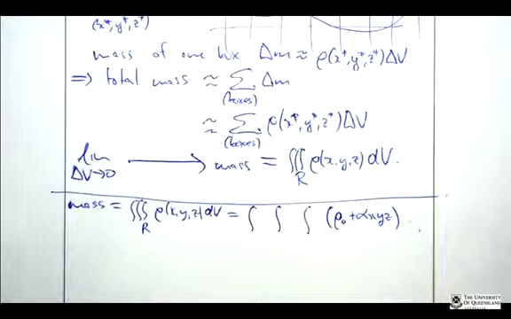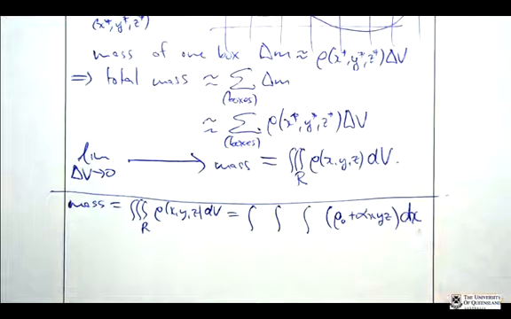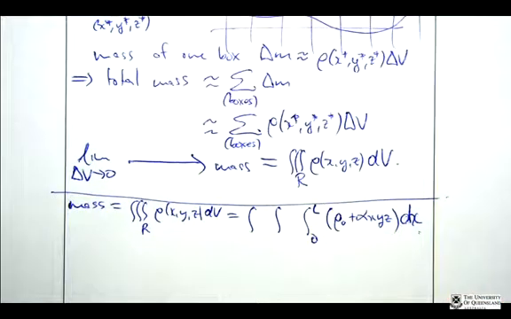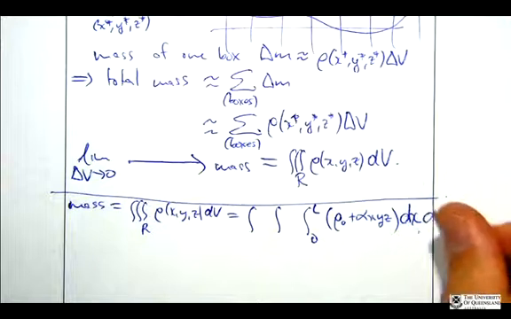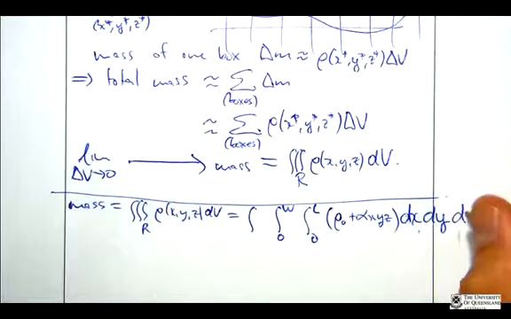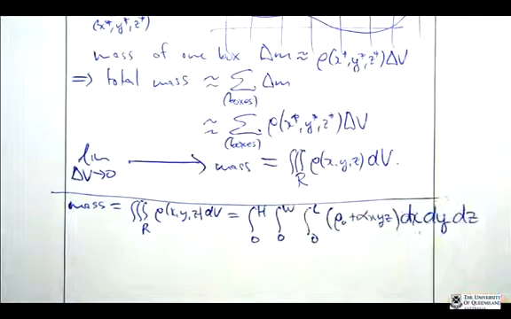So for example, we could choose to integrate first with respect to x. So we're given the bounds of x to be 0 and L. Then with respect to y, and I'm just reading this off the information given at the top of the page, from 0 to w. And finally, with respect to z, between 0 and h.